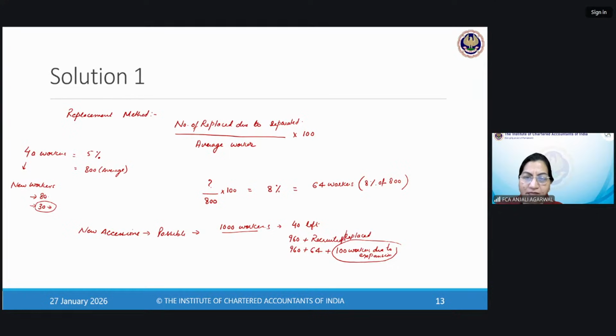They are because of expansion. So those workers who are being recruited because of expansion or for other reasons, apart from those who separated, do not count as replaced. They count as new accession. So we have to find out here how many workers were there because of new expansion.